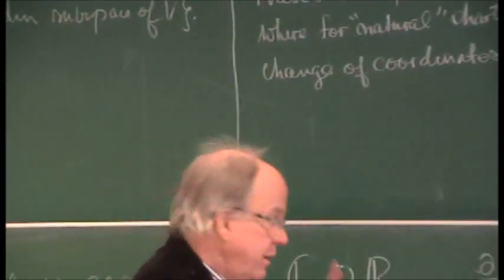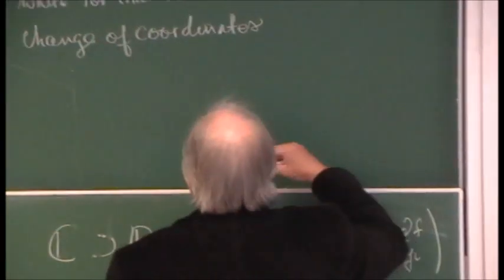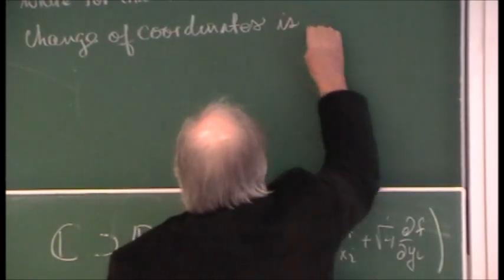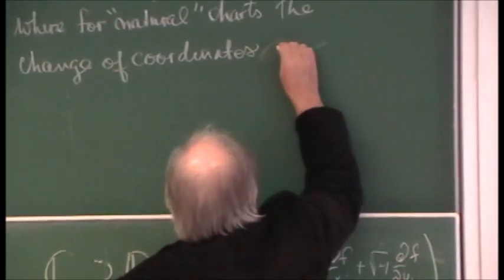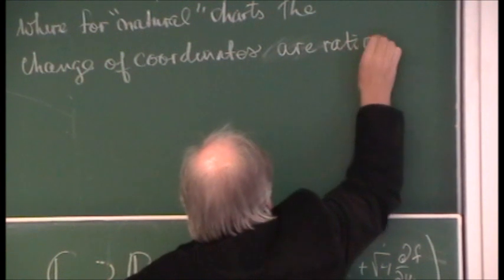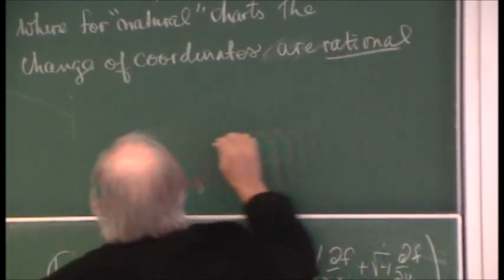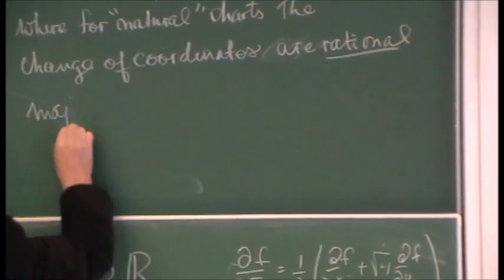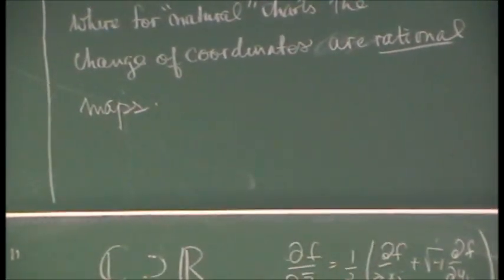I will show you, but let me just emphasize qualitatively what the point is: there are many of them, and they are rational maps. I will show you what these rational maps are.